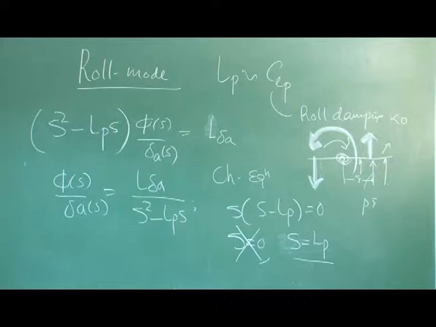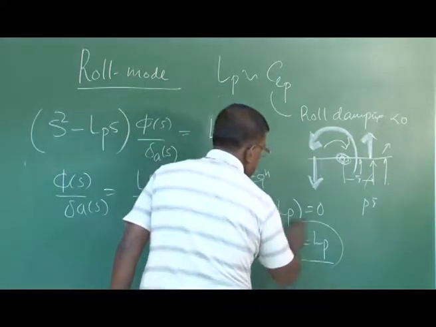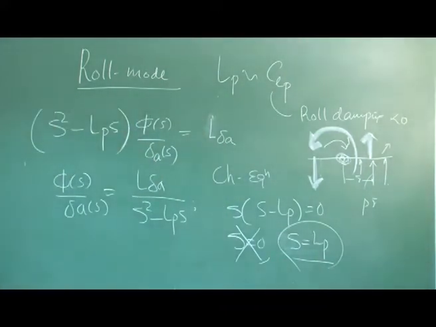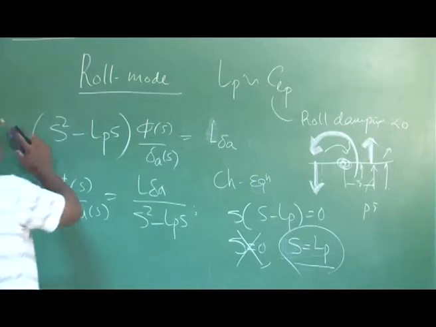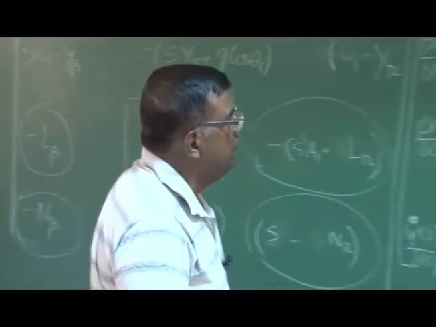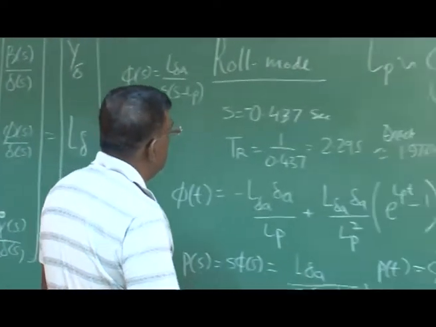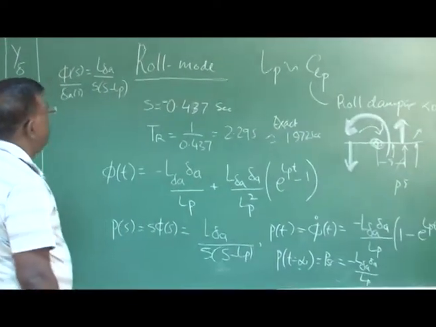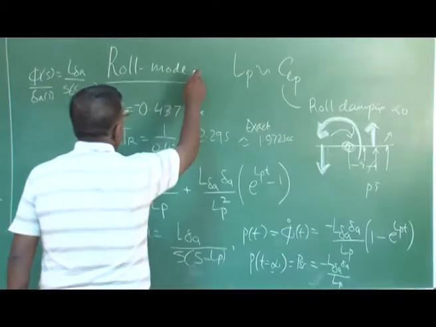So this is the important root I have got. As long as this is negative, it is convergent. And now I need to solve this to find the time history of phi. How do I do that? Let us do some numerical search on this expression with the roll mode approximation.